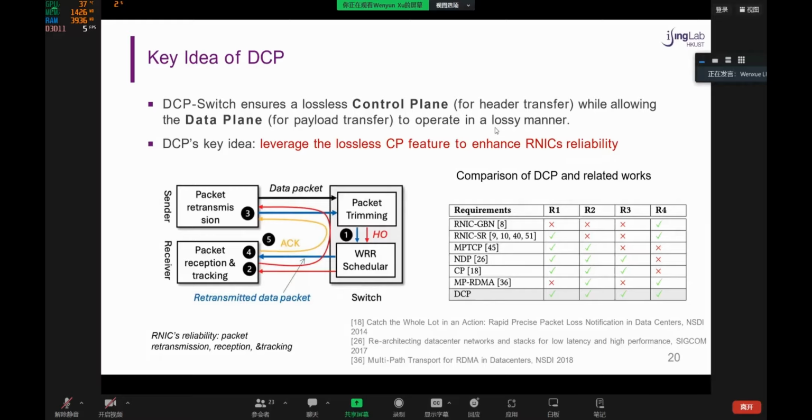Yeah, okay. Actually, we didn't compare DCP with either of them because we didn't find their testbed implementation. If we had to compare with them, we would have to re-implement the system in our test lab, so it's a relatively high overhead.